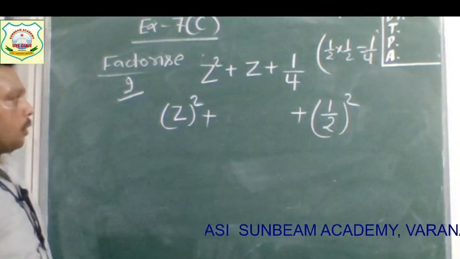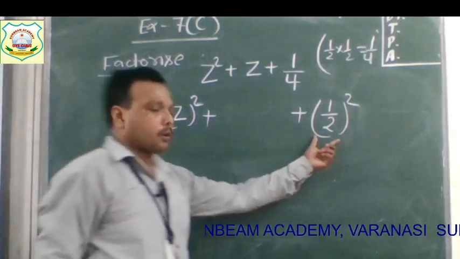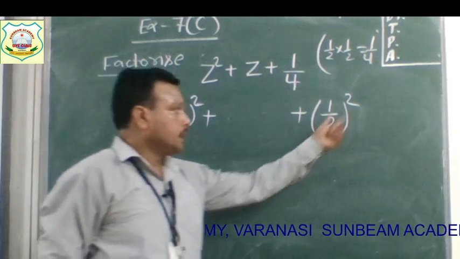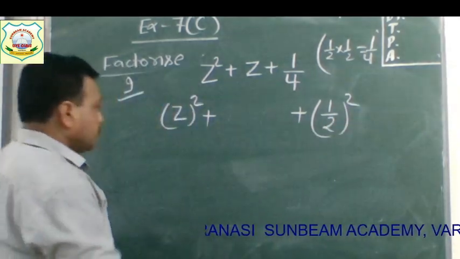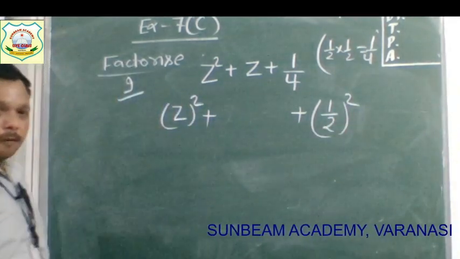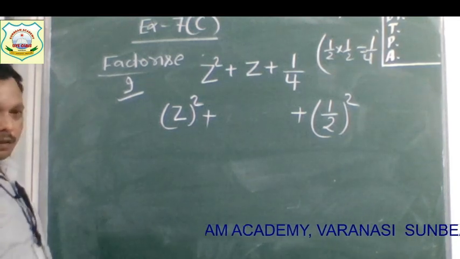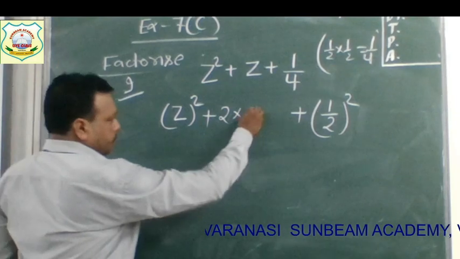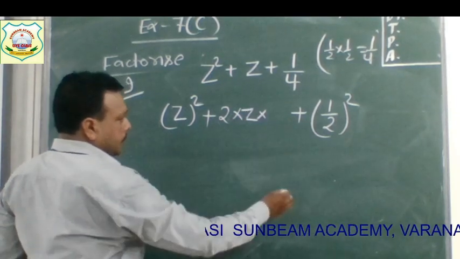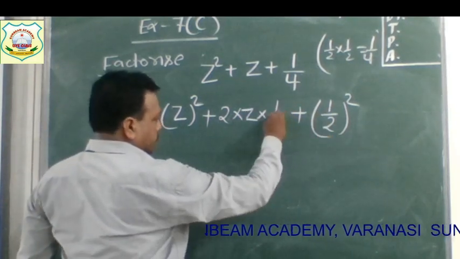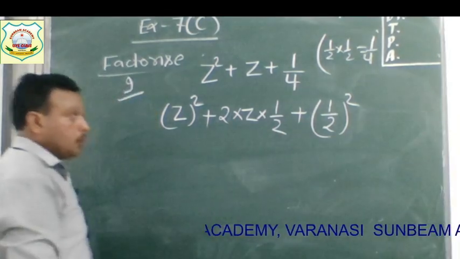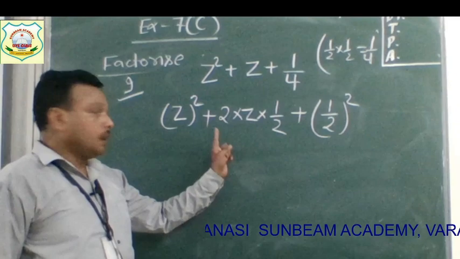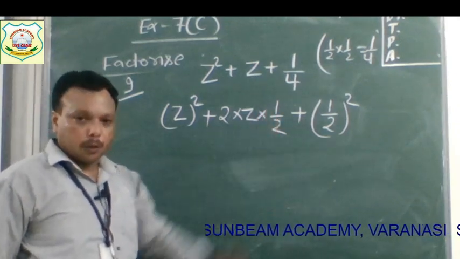So, students, we have got here a square and b square. A, this is the square, b, this one is the square. Then what should we get now? 2ab, 2 multiply a, already we have z, multiply b, 1 upon 2. But students, you may have a question: there the z is given, but here we have written 2 into z into 1 upon 2.